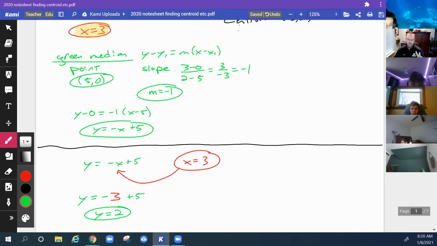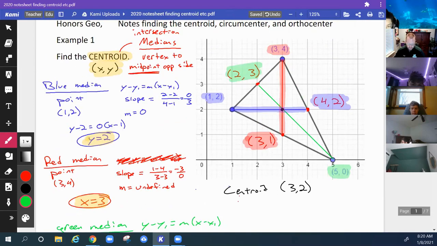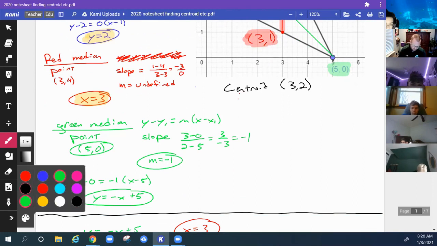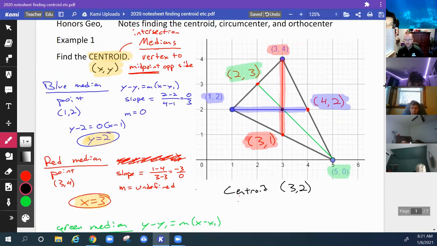You need two of them, and then to solve that system. The easier ones in this problem were to find the blue and red, because that gave me my x and y outright. If I chose the green equation, I would get this one right here. I would get this equation, and then I just got to solve a system, okay? So remember, we have choices, so it's just going through and choosing two equations that you think are easy to work with and then solving that system.